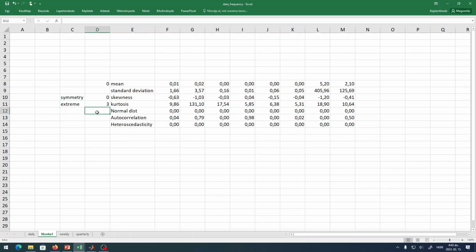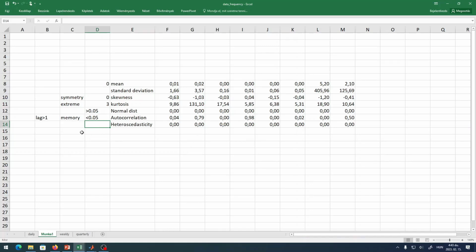Normal distribution, so the p-value should be bigger than 0.05. Then autocorrelation, or sorry, to have autocorrelation, the lag will be bigger than 1 if we can find autocorrelation, and if we are using any kind of model, we should increase the lag number if we have such a setting, if we find autocorrelation.